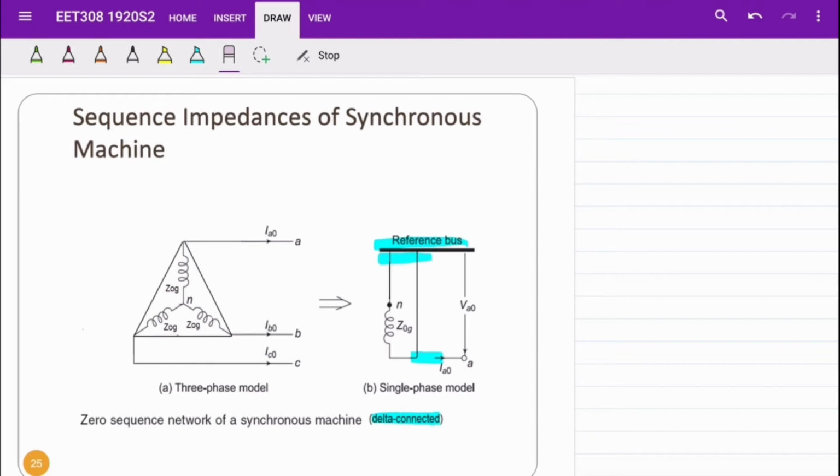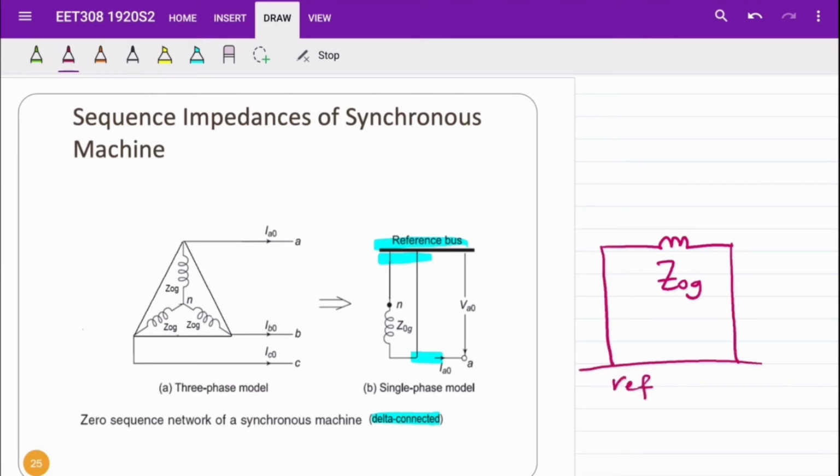In the single-phase equivalent circuit, we have the zero-sequence impedance of the generator Z0G. Both ends of the impedance are connected to the reference bus, and node A is disconnected from the impedance. And then the current is IA0, and the voltage potential is VA0.